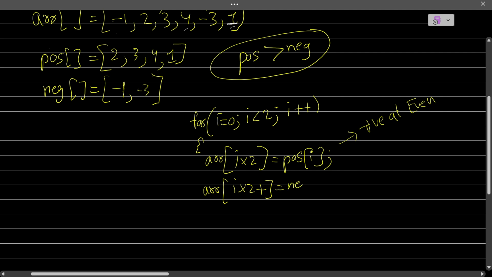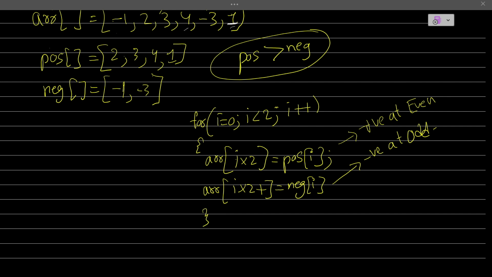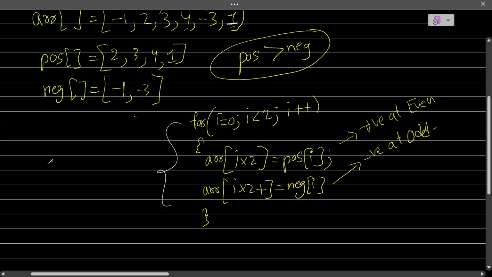Okay. I say array of i into 2 plus 1. Plus 1 is going to put my negative elements; this is used to put my negatives at the odd places. So this is for putting the first four elements of positives and negatives, right?